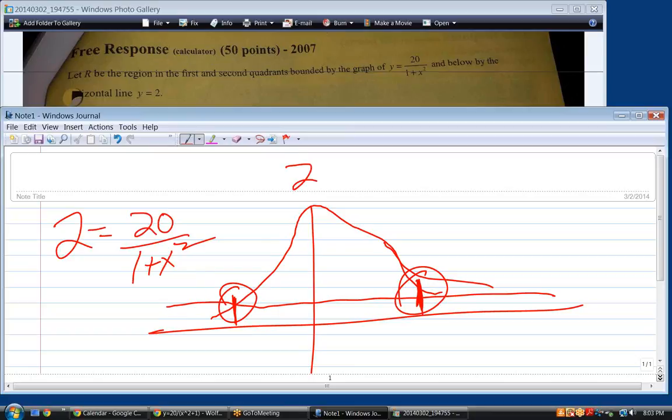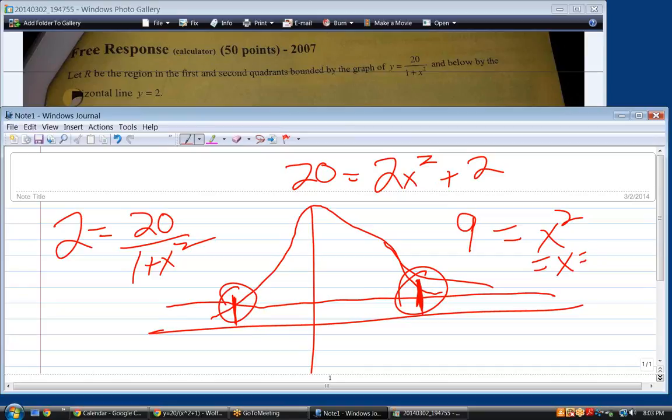So we got 20 over 1 plus x squared equals 2, so 2x squared plus 2 equals 20, 2x squared equals 18. x squared equals 9. x equals plus or minus 3. So that point is -3, that point is +3. So now it's relatively simple.